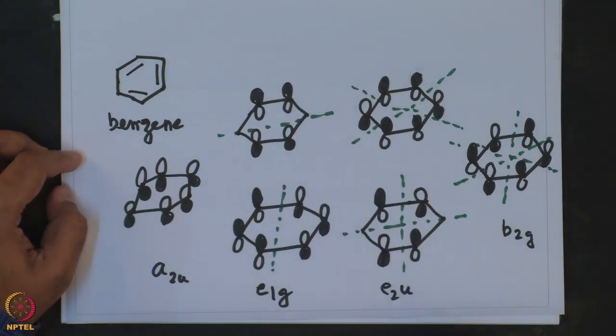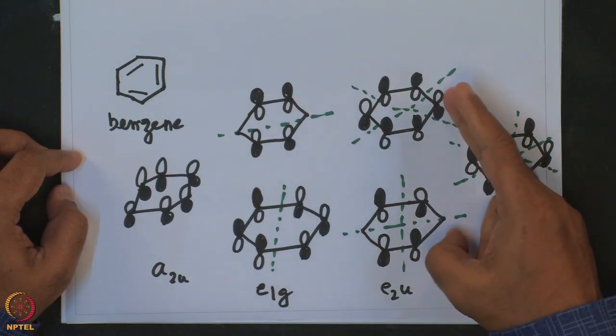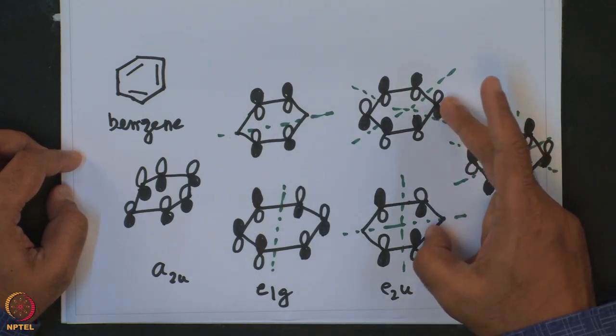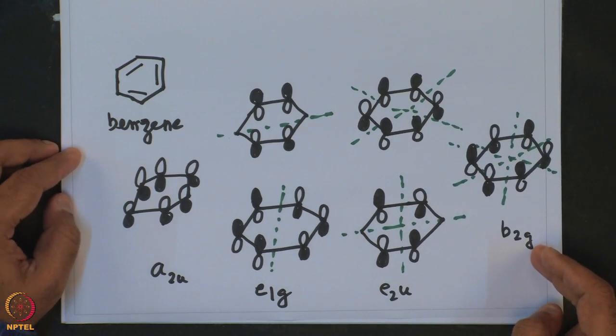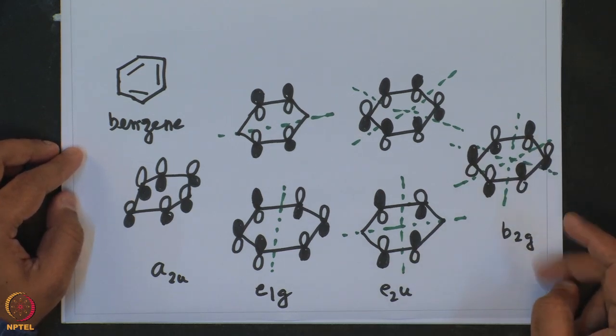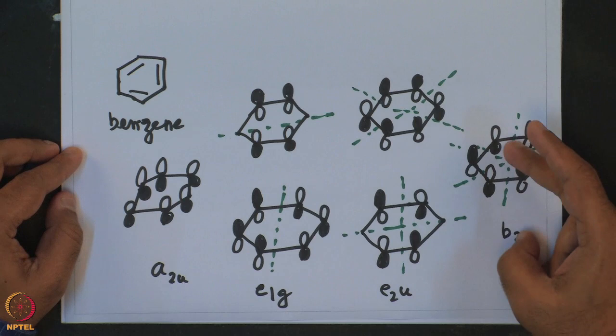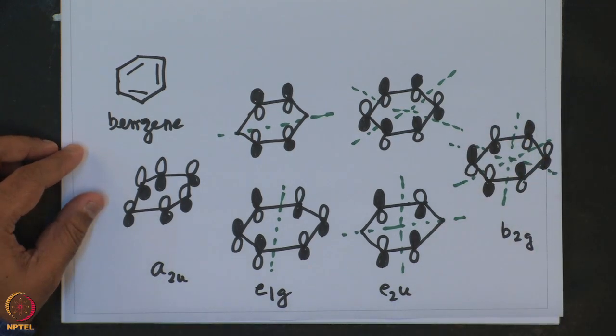The second one is a degenerate pair of orbitals with a single nodal plane, and the third one is also a doubly degenerate pair of orbitals with 2 nodal planes, and the fourth one is the highest energy antibonding orbital having 3 nodal planes.